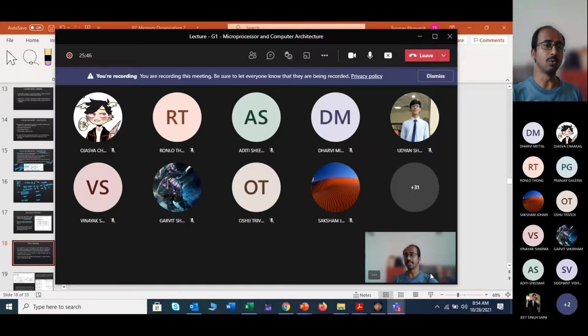I have already shared the book, Morris Mano, with you. You can get lots of numerical problems at the end of every chapter, and you can also get lots of solutions for them. Where can you get the solutions? Just search the internet for Morris Mano solutions, and you will get the whole solution.